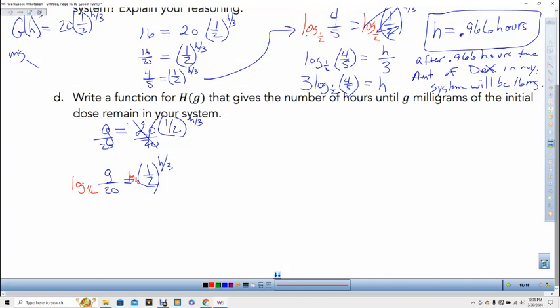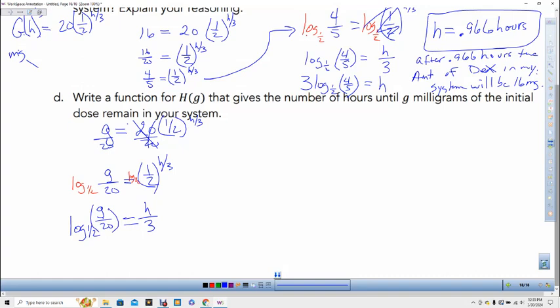Then once we do that, these are going to cancel out, leaving me with just h over 3 on the right. And over here, I've got log base 1/2 of g over 20.